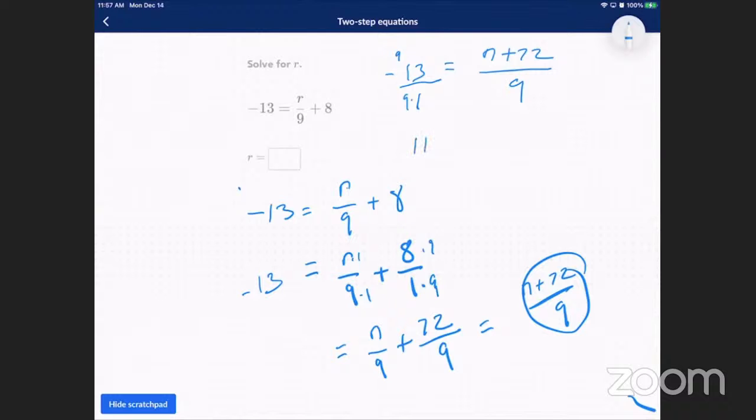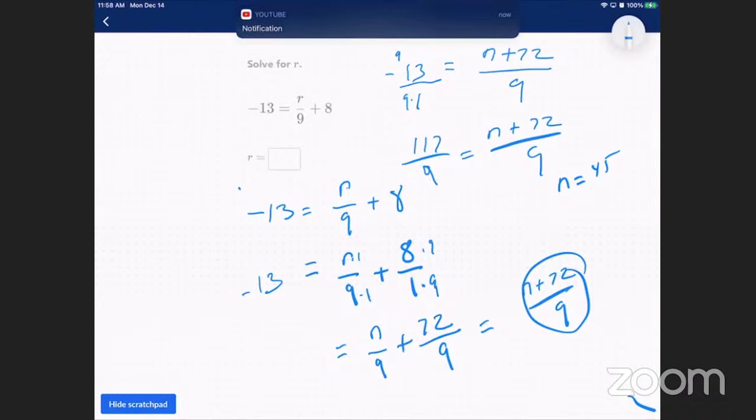Which will lead to 117 over 9. And now say r plus 72 over 9. And in order for that to actually happen, 117 minus 72 would be 45, which means r equals 45. And then 117 divided by 9 would be 13.